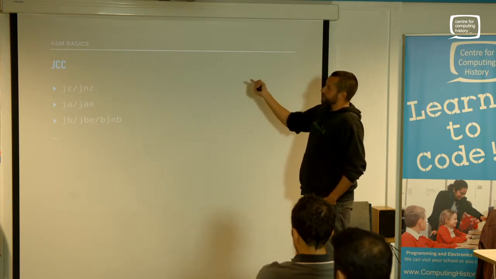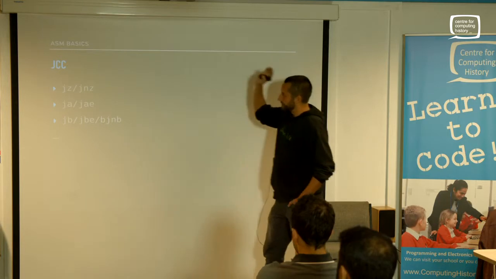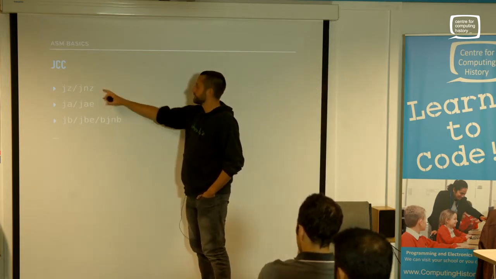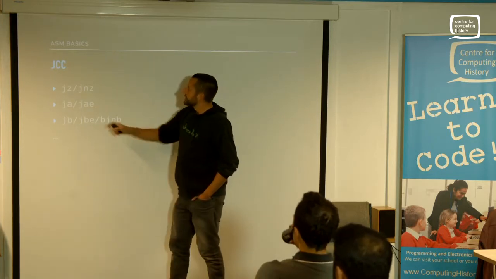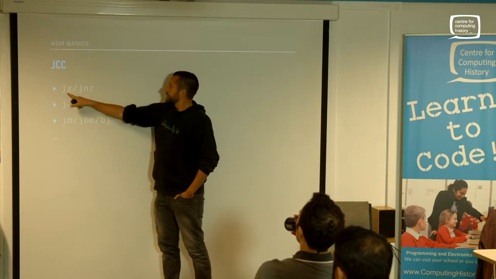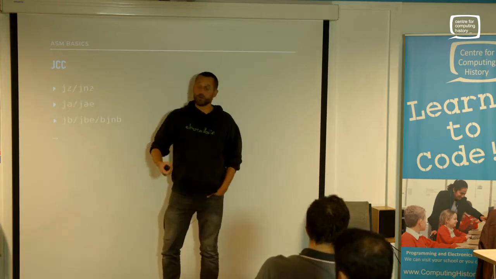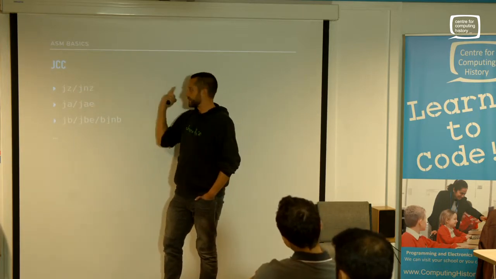And then after you do a compare or a test, you'll often find these conditional jumps, and there's quite a lot. There'll be an address here or a register or memory value, and it will jump to that depending on the flags. So JZ: if the zero flag is 1, we'll take the jump. JNZ: if the zero flag is 0, we'll take that jump.